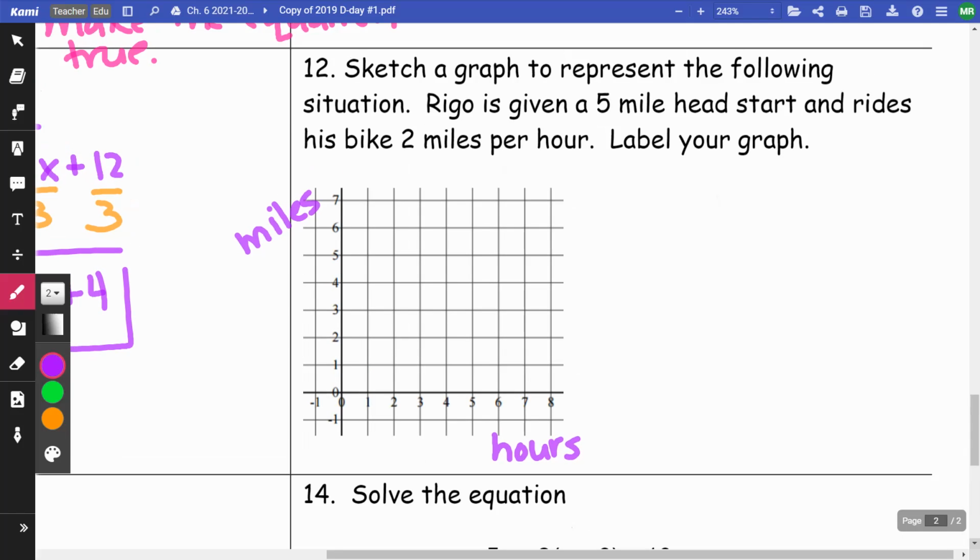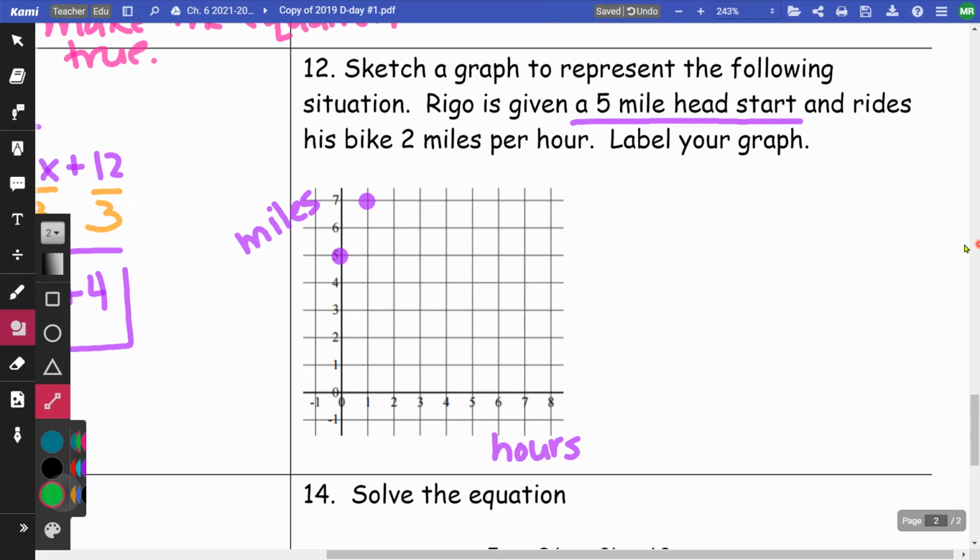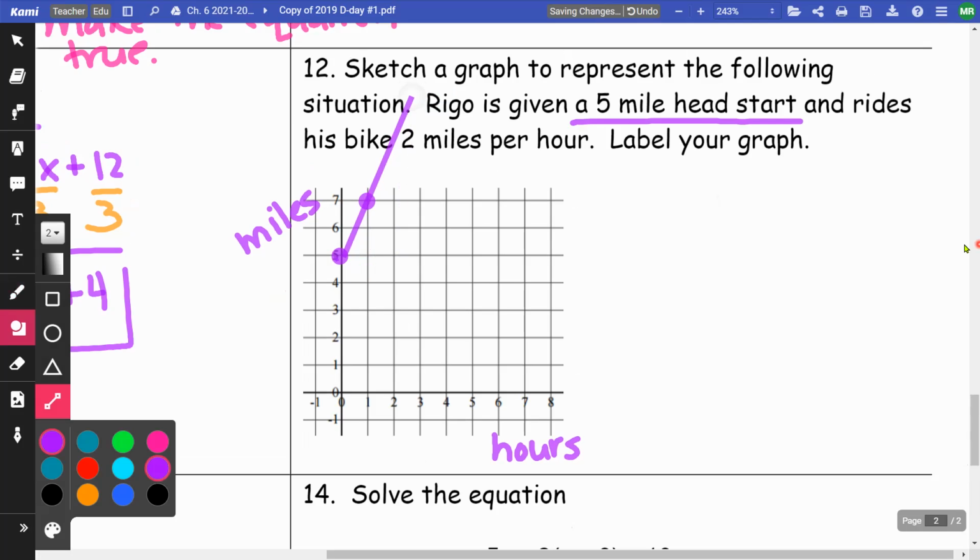And we know that he has a 5-mile head start, which means he is starting right here at 5. And then he's going 2 miles every 1 hour. And I am going to connect it with a line. And that's our graph.